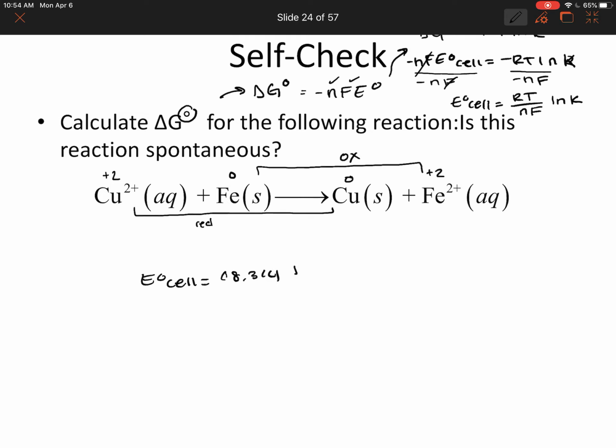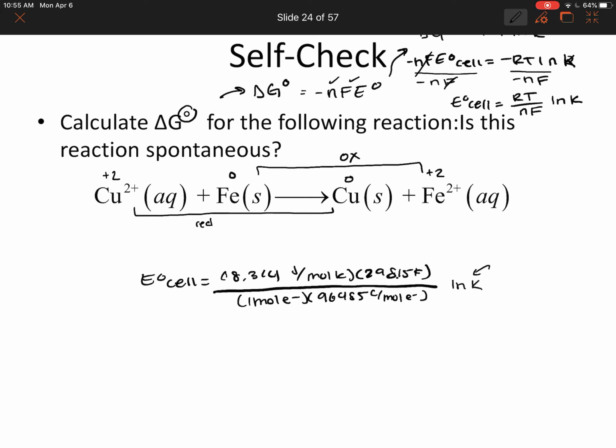So, for R, we used 8.314 joules per mole Kelvin times 298.15 Kelvin over 1 mole of electron and Faraday's constant, and then ln K. Which, to plug everything in, we would then do log.